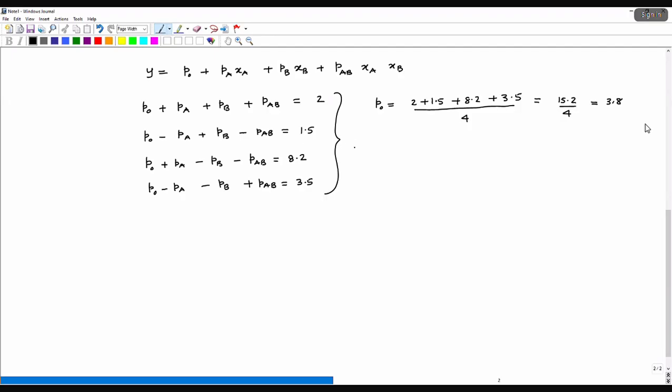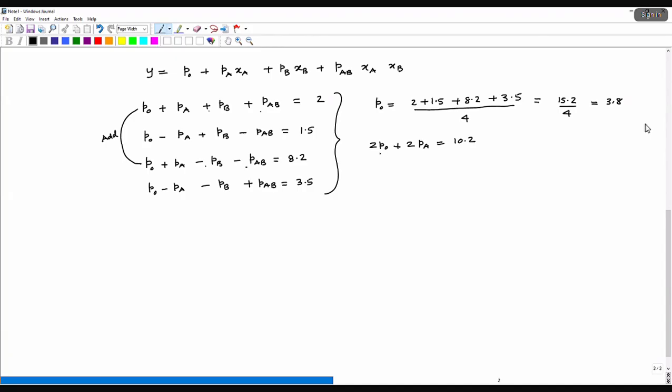And once you know P naught, for example, if you take this equation and add them up, then you will get 2 P naught plus 2 PA, plus PB minus PB will get cancelled, plus PAB minus PAB will get cancelled. So this will be equal to 8.2 plus 2, that is 10.2.